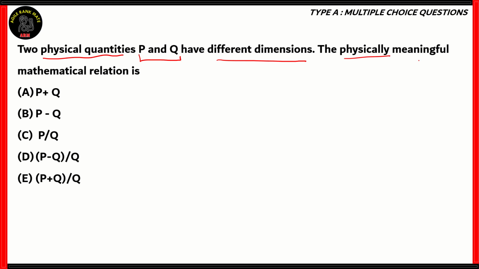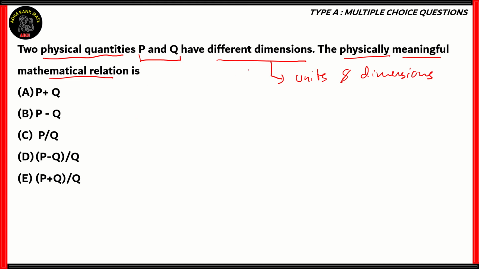The physically meaningful mathematical relation is P plus Q, P minus Q, P by Q, P minus Q by Q, P plus Q over Q. Now, this comes from the chapter Units and Dimensions, and in that particular chapter we talked about SI units, dimensional analysis, etc. Now, in this particular question, we have two physical quantities having different dimensions. So, which is the physically meaningful mathematical relation?